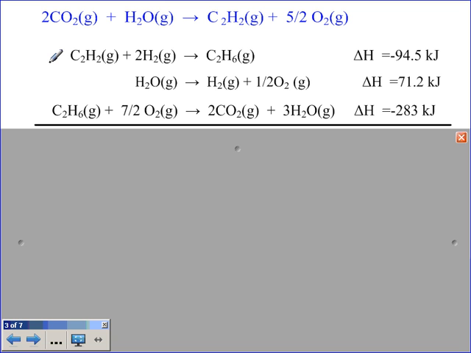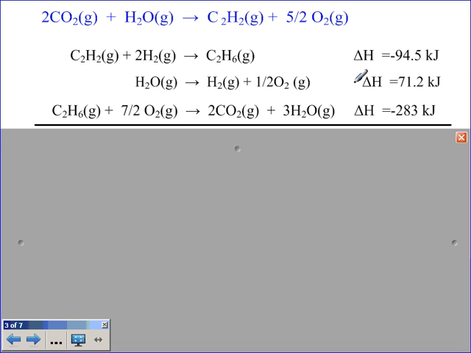And I'm given these three. Reaction number 1 shows C2H2 plus hydrogen gas making C2H6. That's an exothermic reaction with negative 94.5 kilojoules. I'm given this reaction that H2O in the gas phase can be split into hydrogen gas and oxygen gas. There's that notation again, 1/2 oxygen gas.